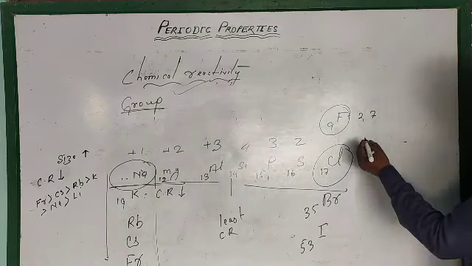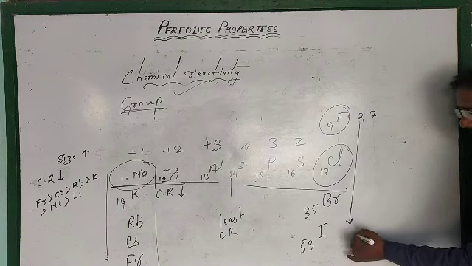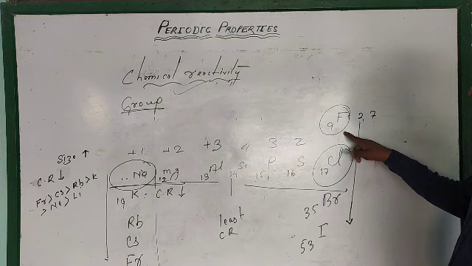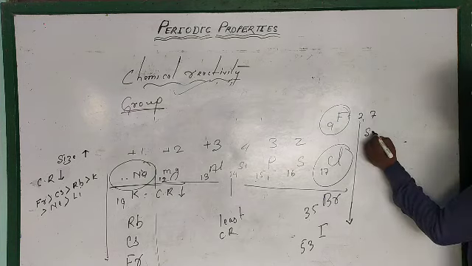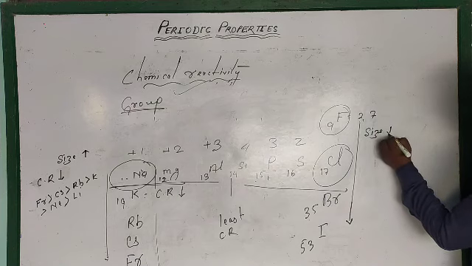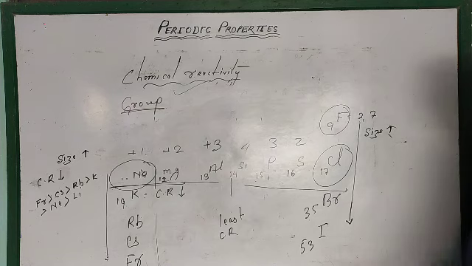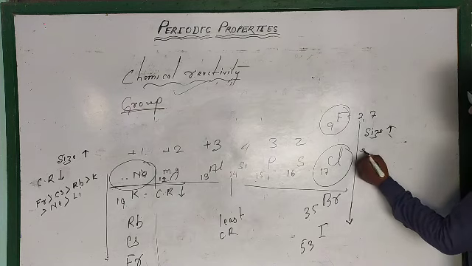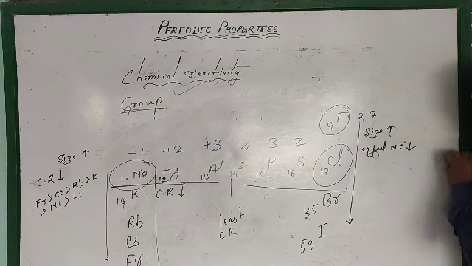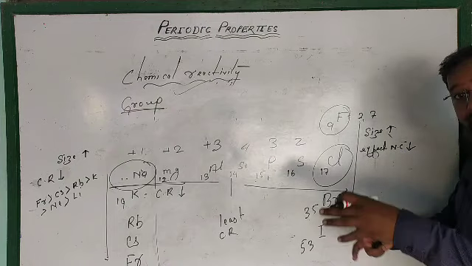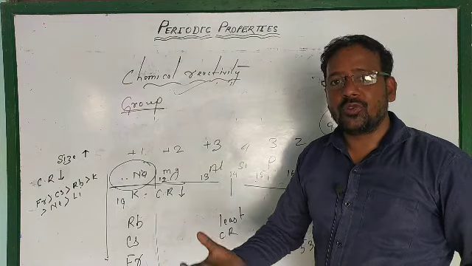So in the case of the halogen group, when we move from top to bottom, I want you to understand what is happening. Size increases. What happened? The effect of nuclear charge decreases, and because of the increase in size, what is happening?